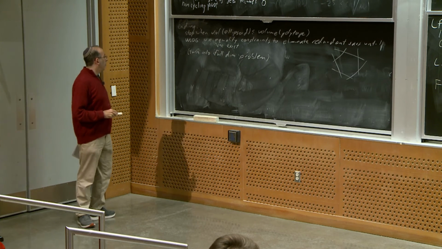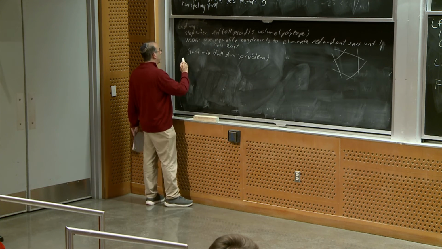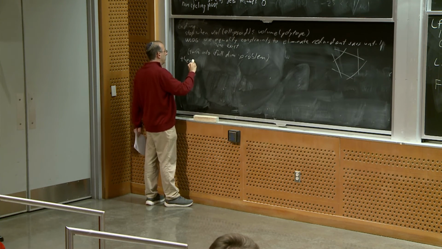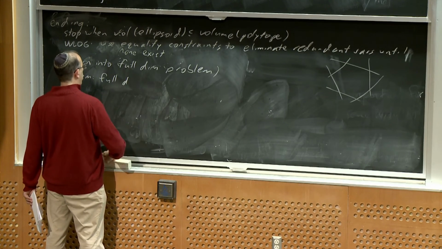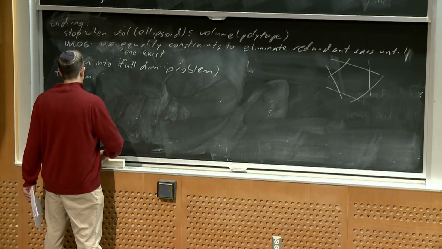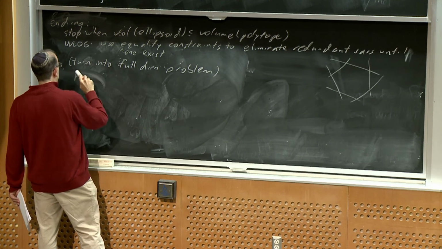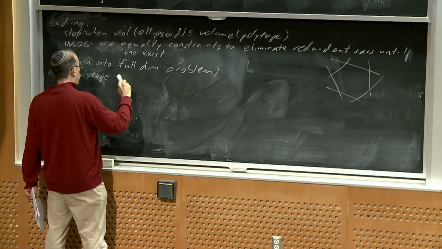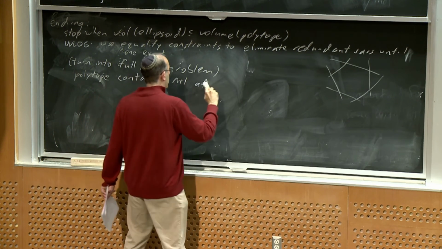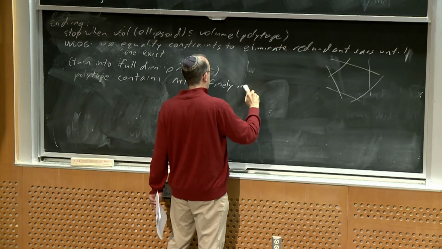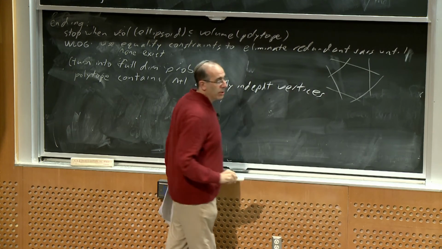Okay? It turns out, and this is where I'm sort of abandoning formalism, right? There is a theorem that a full dimensional polytope, let's say it a different way, this polytope contains, because it's full dimensional, n plus 1 affinely independent vertices of the polytope.